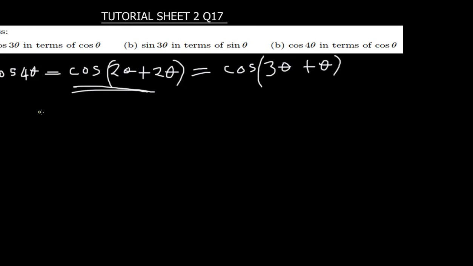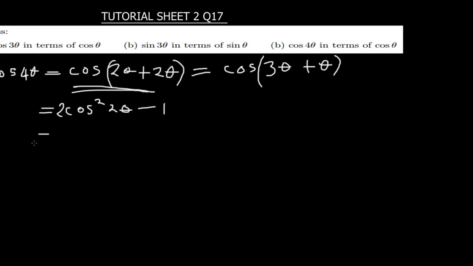So cos 2 theta plus 2 theta will give us 2 cos squared 2 theta minus 1.